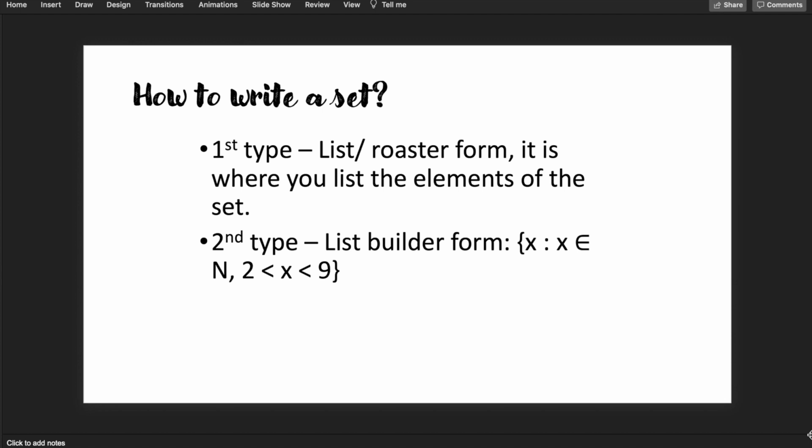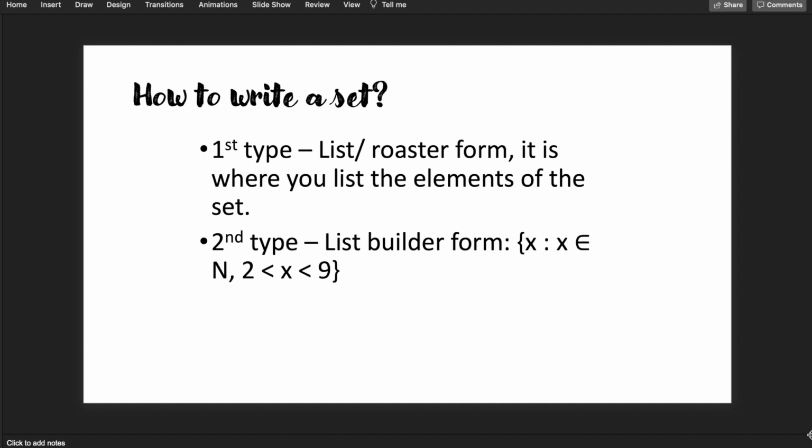So the format is, the bracket over here signifies all x, and the colon is such that, x and is a member, that represents is a member, next to x and natural numbers. So together it will be all x such that x is a member of the natural numbers.